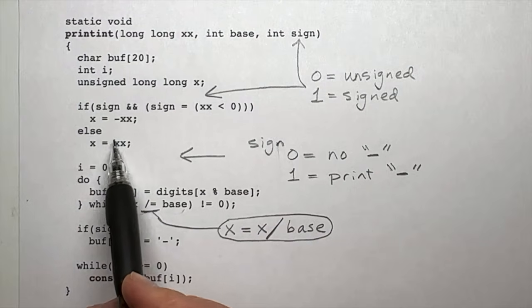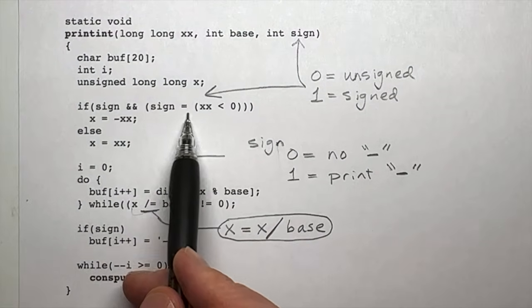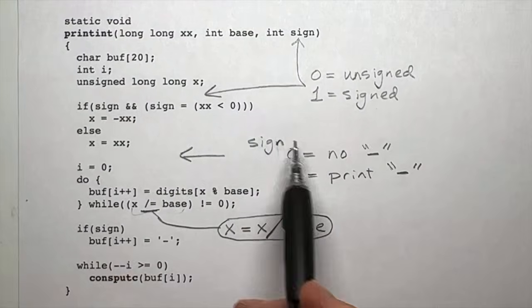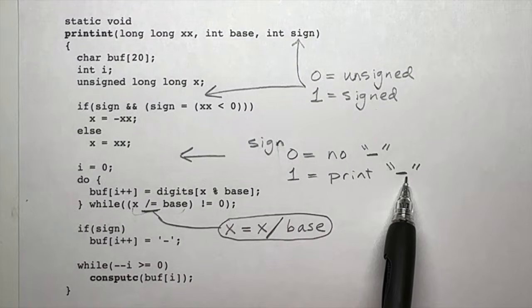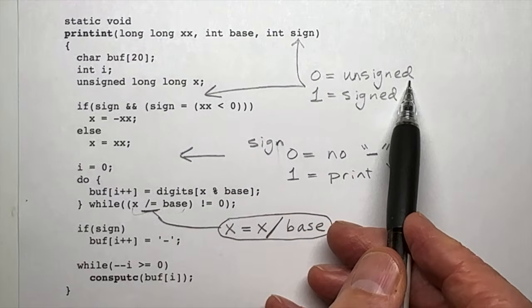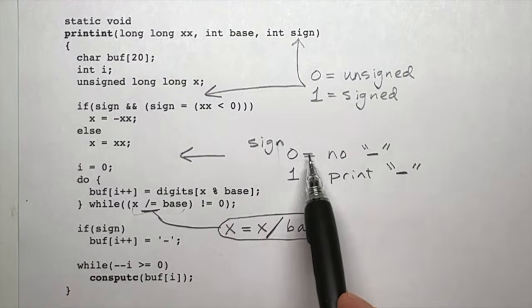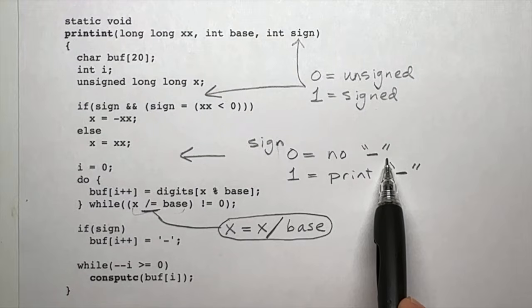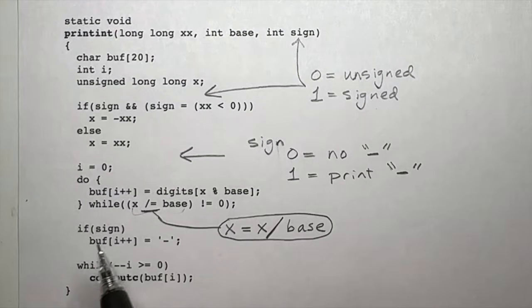But in either case, with signed values, we now set sign to indicate whether or not we need to print the minus sign. And notice that if sign was initially false, indicating that we are to be printing an unsigned value, then after this sign will still be false, meaning do not print a minus sign.